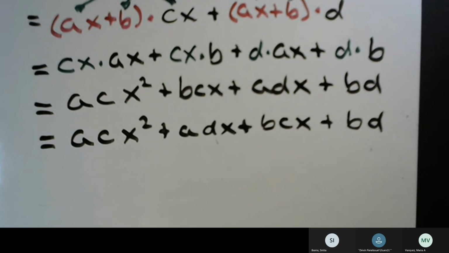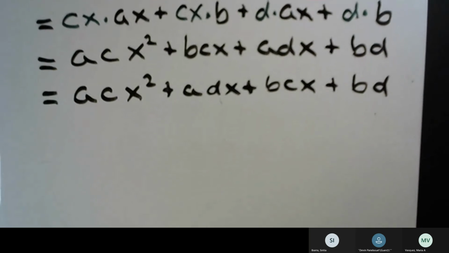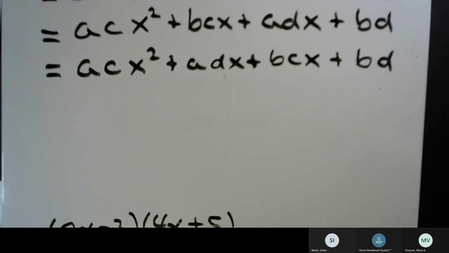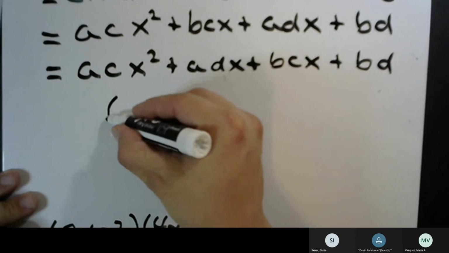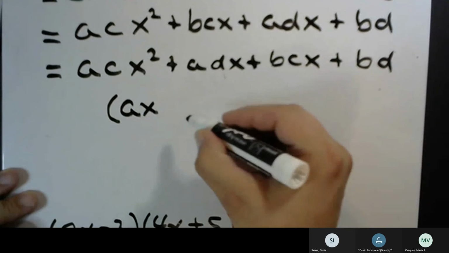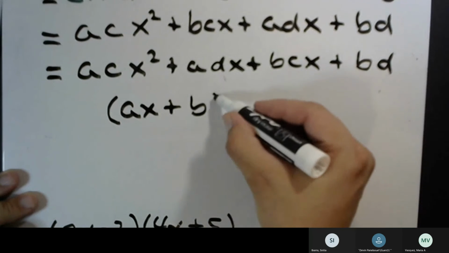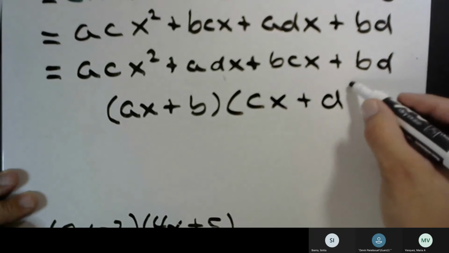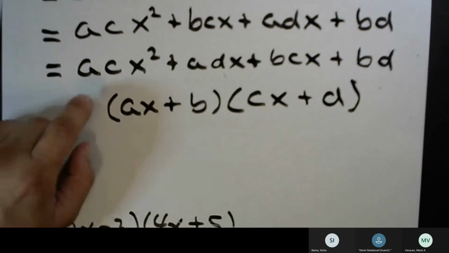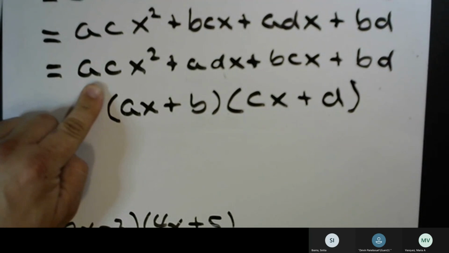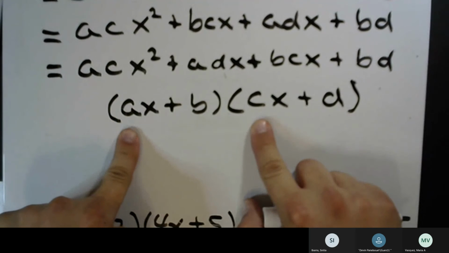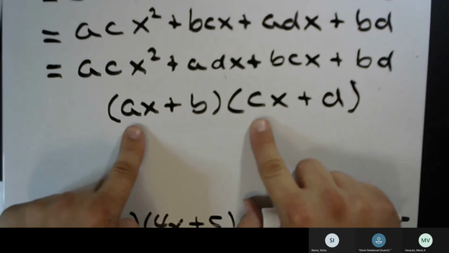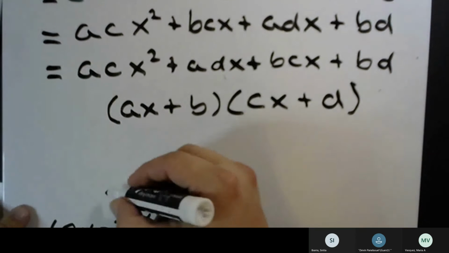So here's the idea of FOIL. We've got this, and this is the problem we're going to foil in just a little bit. If we take a look at the original problem, to get this first term, we multiply the first coefficients, or the coefficients on the first terms of each polynomial.